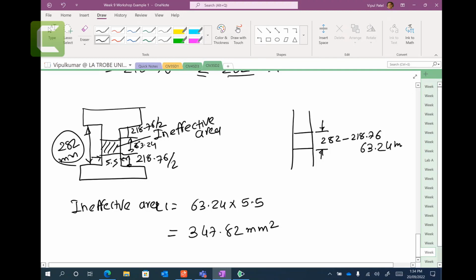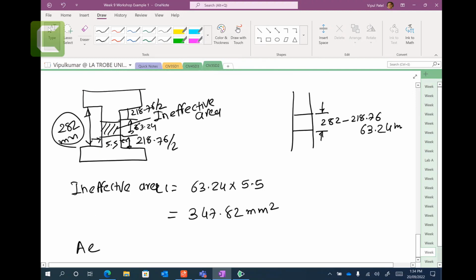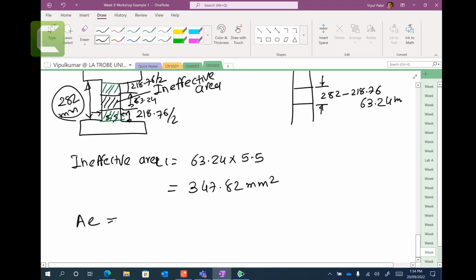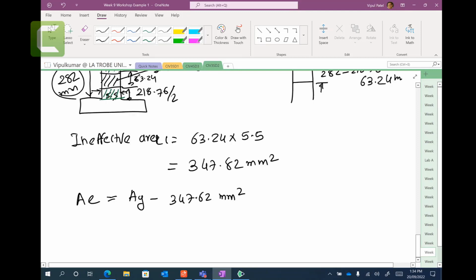I just calculated this ineffective width. Once you got the ineffective area, you can calculate the effective area. Effective area equal to gross area take away this 347.82 millimeters square.